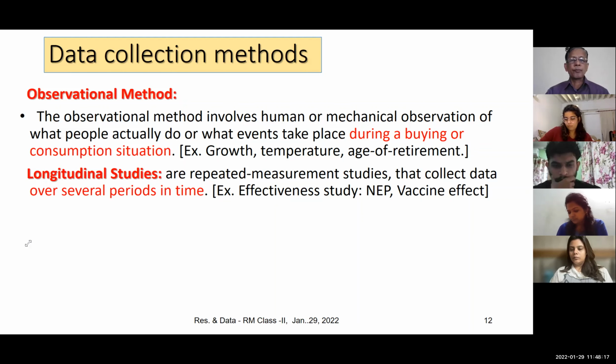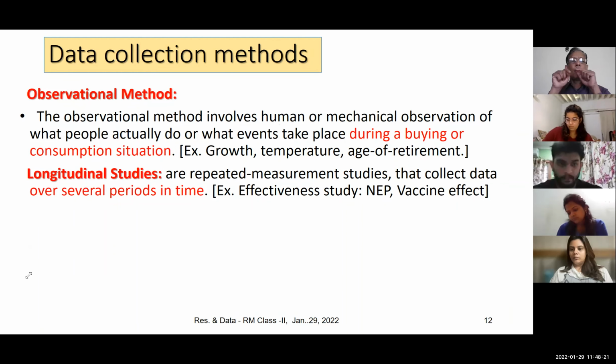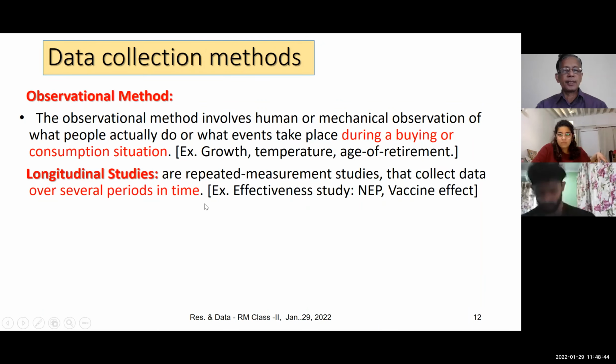Say, for example, one is given a third dose of COVID vaccine. Soon after giving the vaccine, you may not be in a position to observe what the impact is. So you need some long-term observation. Some of the studies require longitudinal studies.